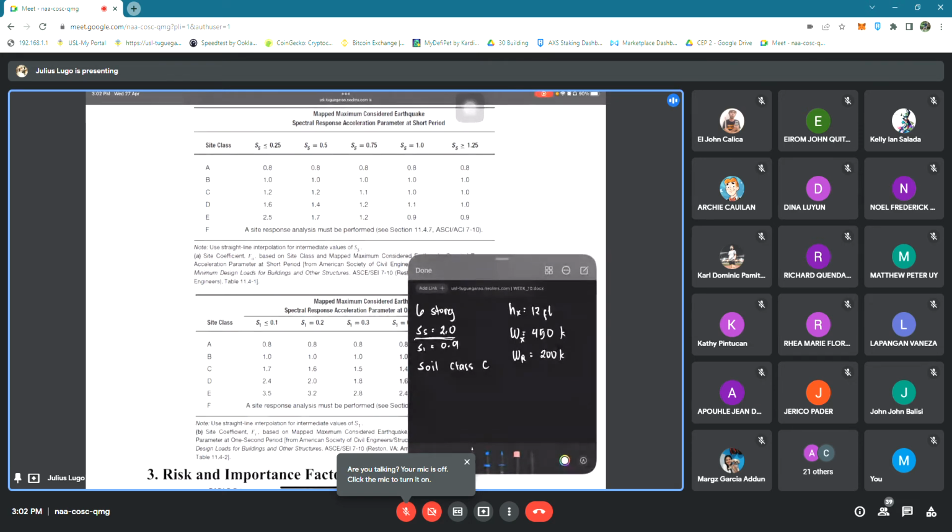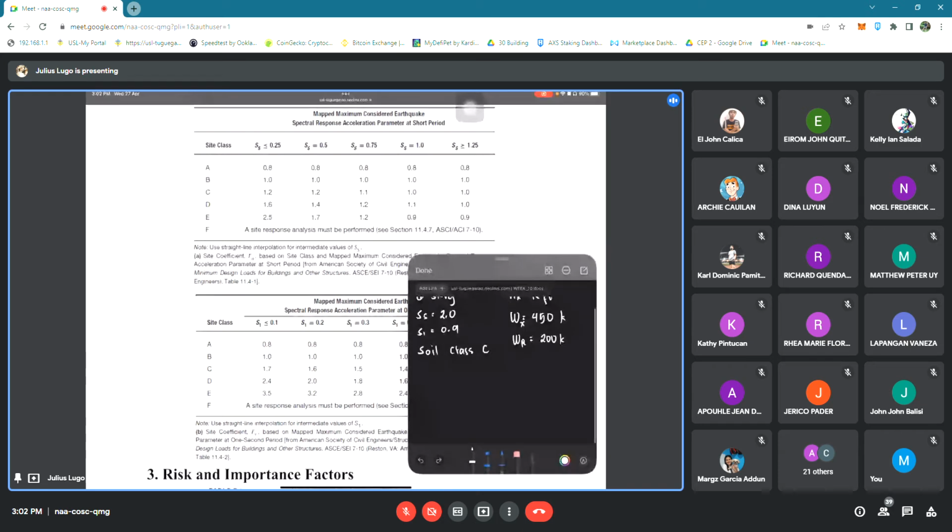So, that will fall under SS greater than or equal to 1.25. Correct? So I presume it's correct. It's easy for you to understand that it is greater than or equal to 1.25.